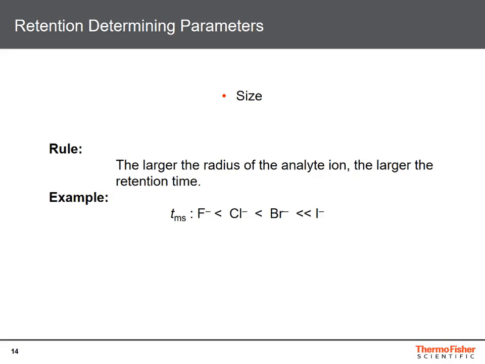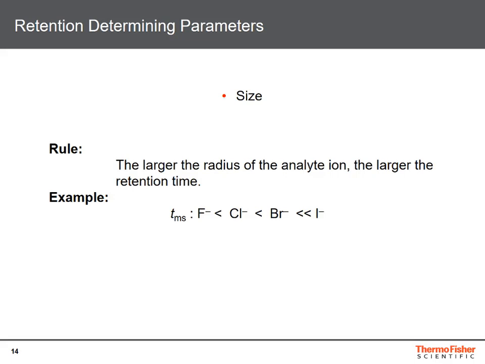A perfect example for this rule is a series of halide ions. We always observe the small fluoride eluting first, followed by the elution of the other three halide ions, such as chloride, bromide, and iodide.